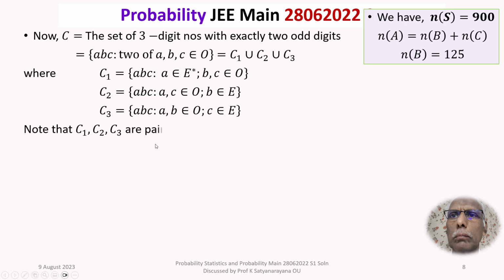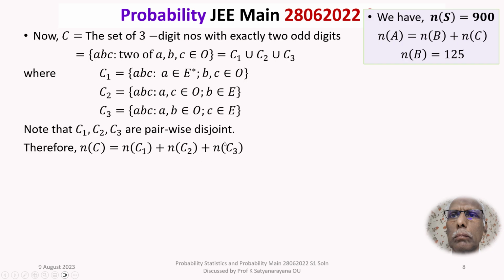So, if that is the case, what is n of C? C is C1 union C2 union C3. They are pairwise disjoint. Therefore, n of C will be equal to n of C1 plus n of C2 plus n of C3. The other terms are 0. Agreed. Now, let's get into C1 and count how many elements are there.